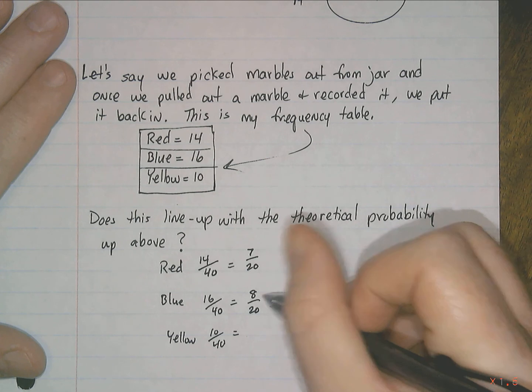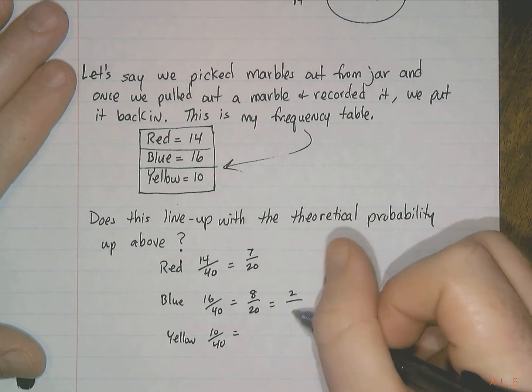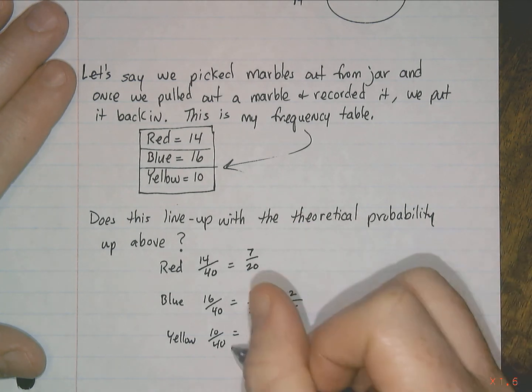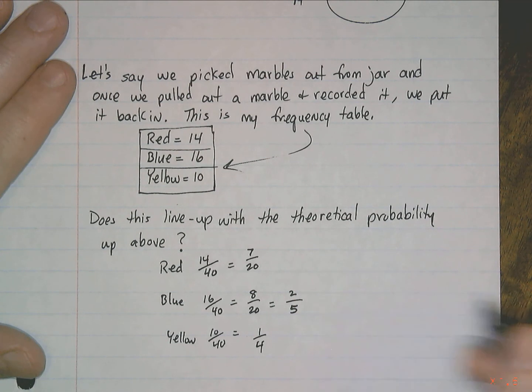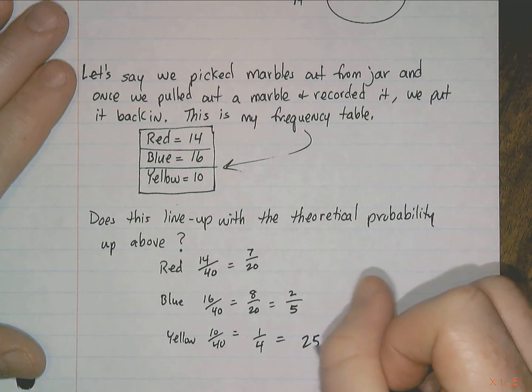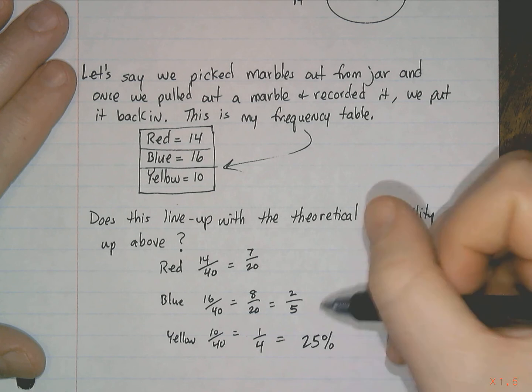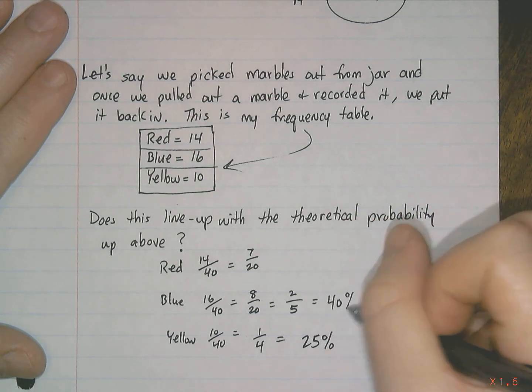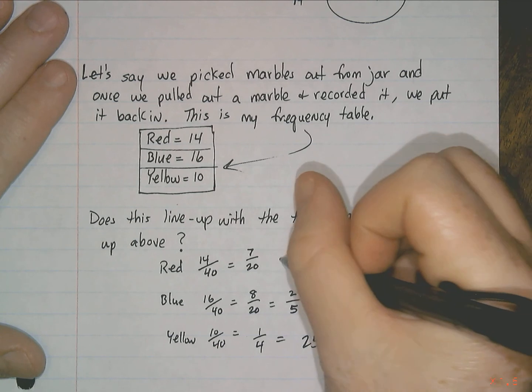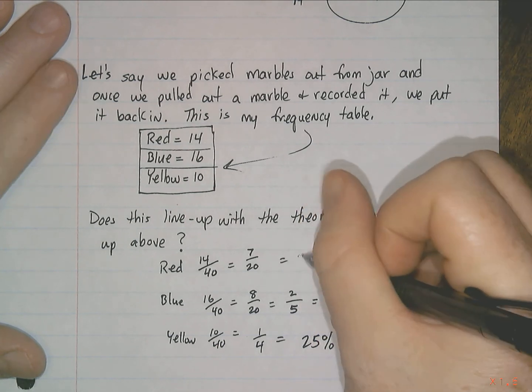I can divide this by 4 to get 2, divide this by 4 to get 5. This is 1/4, basically. So 1/4 we know is 25%. 2/5 is going to be 40%. And then this one's going to be 35%.